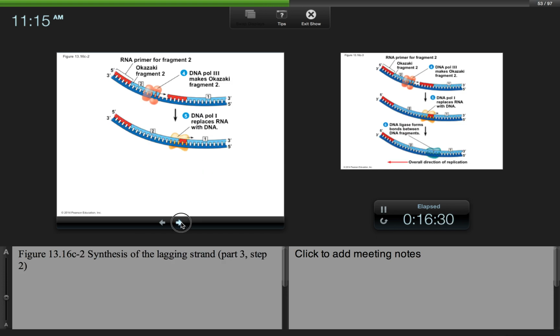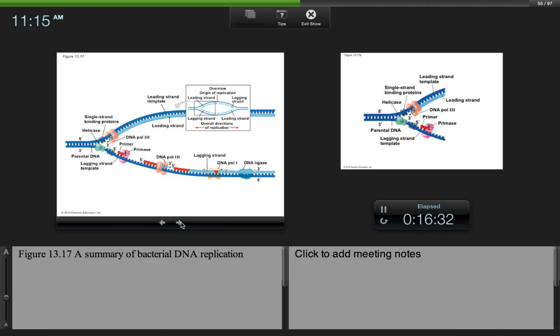So more Okazaki fragments. This is the same diagram. Okay, so here you can see zoomed in. This is our leading strand, which is made 5' to 3'. These have to get made in the opposite direction in order for the strands to be made 5' to 3'. Leading strand, lagging strand.